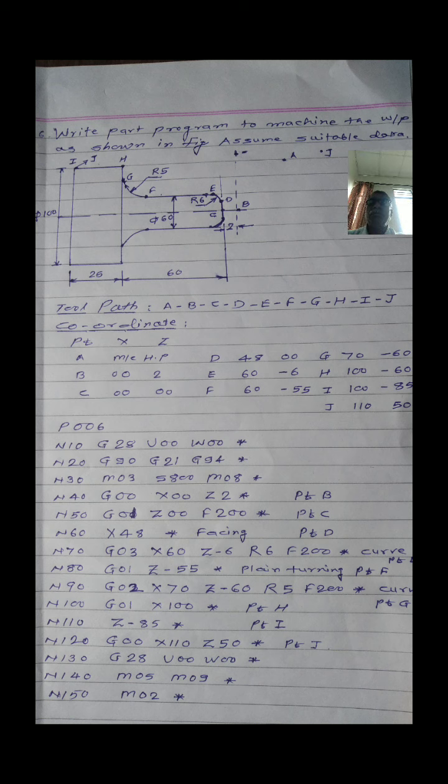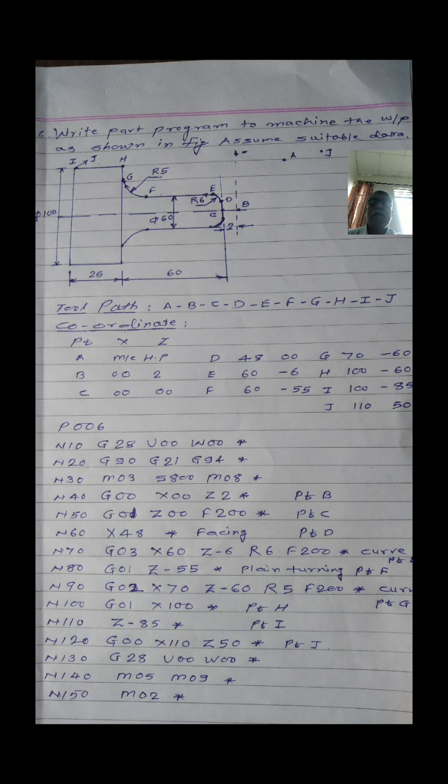Is it okay? Then you have to move the tool from point E to F, you have to perform the plane turning operation and you have to find out the coordinates of the point F. Its x coordinate is 60 millimeter. Is it okay? You have to consider the diameter. Therefore, it is 60 millimeter as shown in figure. X coordinate is 60. Then you have to find out the z coordinates.